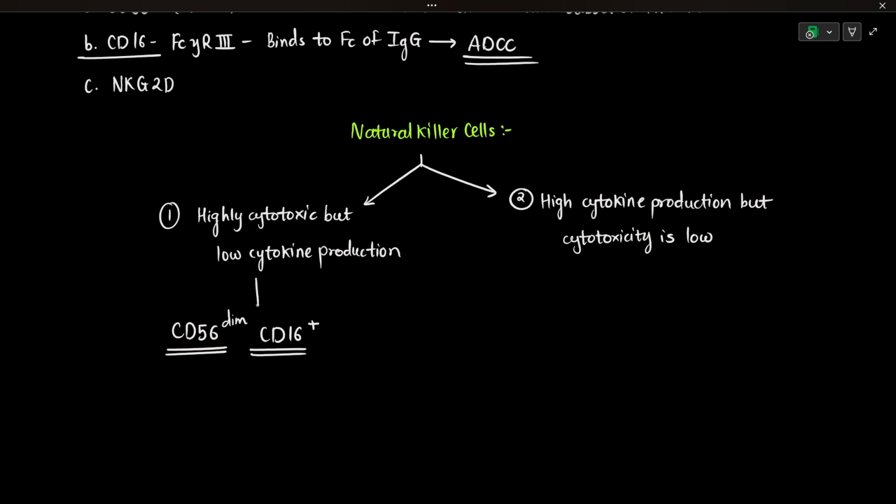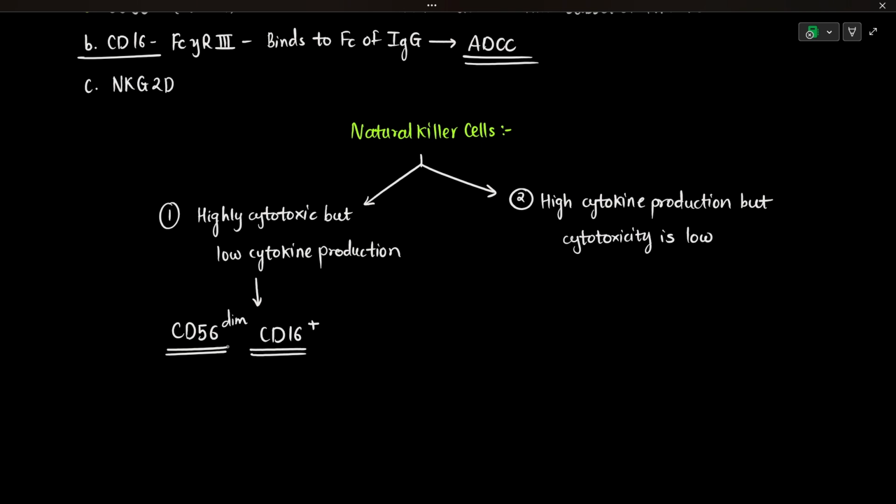Such cell types are highly cytotoxic, means they are going to kill the infected cells as well as the tumor cells. So they take participation in killing, but they produce low cytokines. So they are not really good regulators. They are not really good at activating other immune cells.